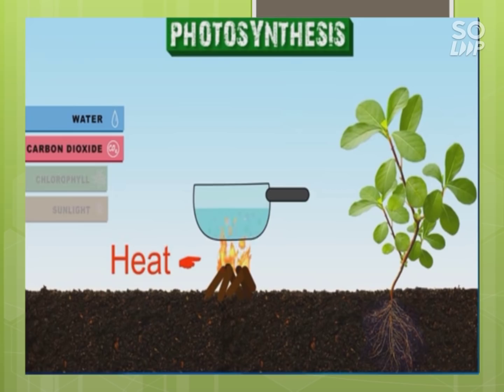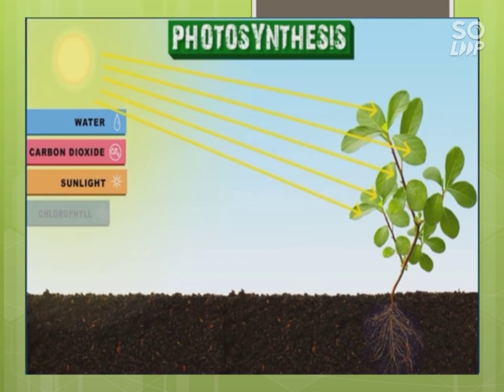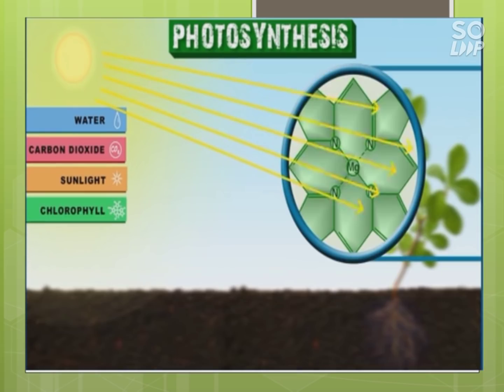We just saw how the leaves get two essential materials needed for food production. But just like how we cannot cook our food without a stove or heat energy, the process of photosynthesis is incomplete without sunlight or light energy.